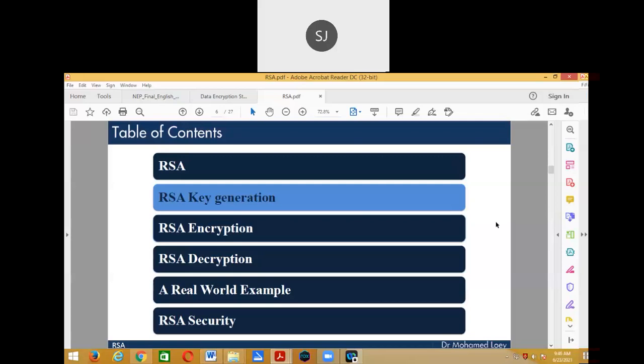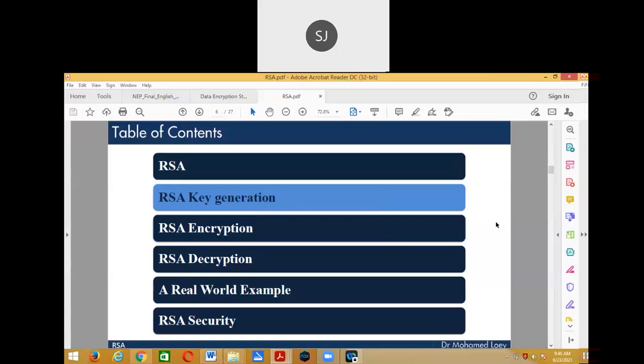Since the encryption key and decryption key are different, this public key encryption is also called asymmetric key encryption.